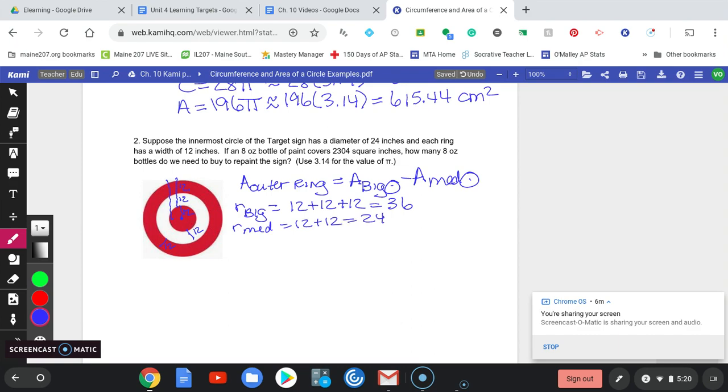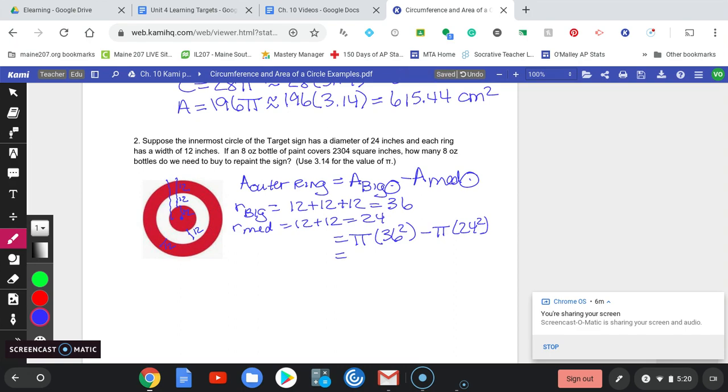Now if I want to find the area of the big circle minus the area of the medium circle, I'm going to do pi times 36 squared minus pi times 24 squared.